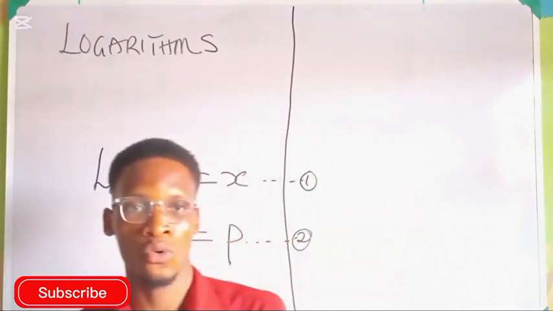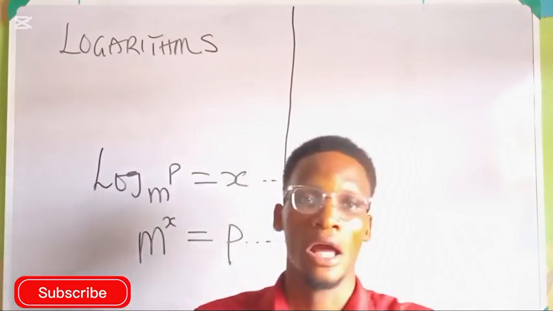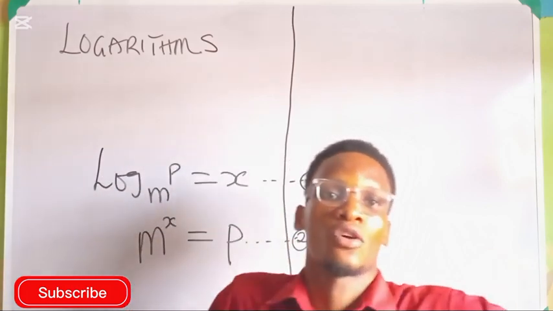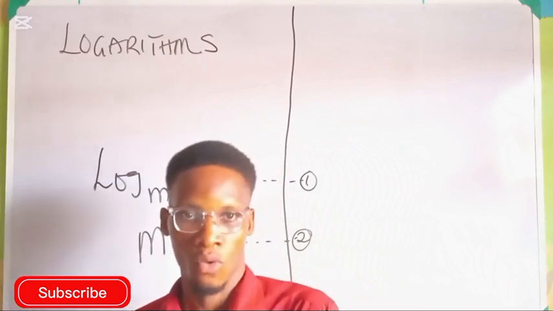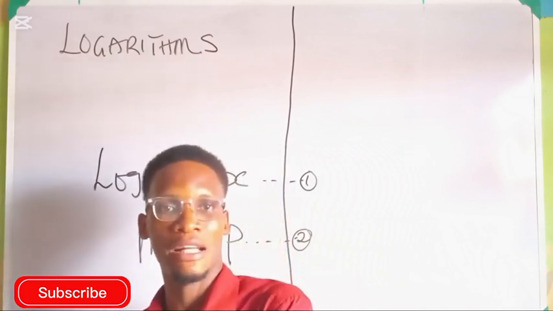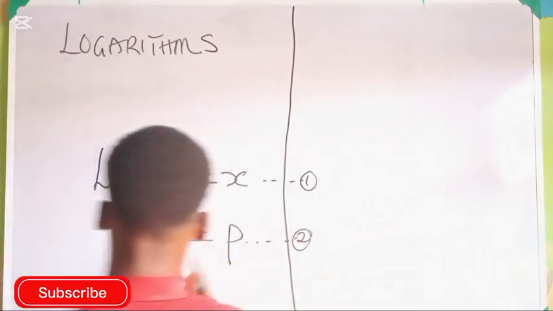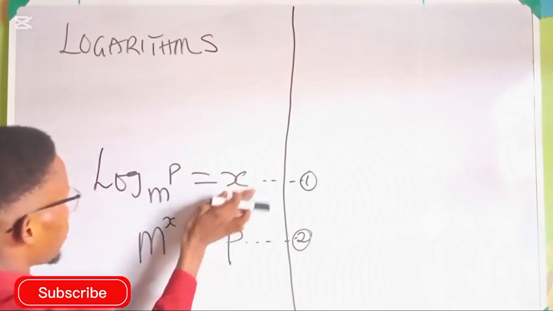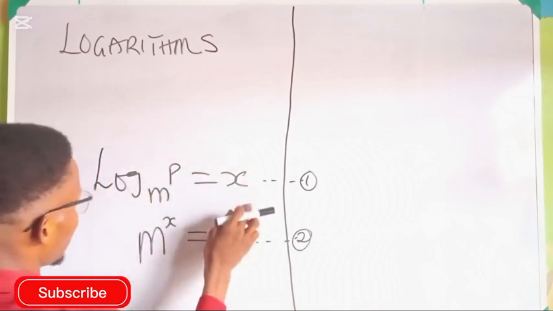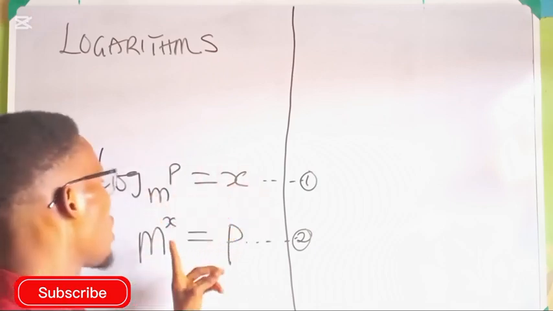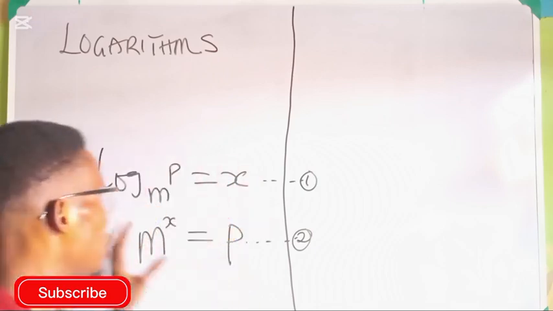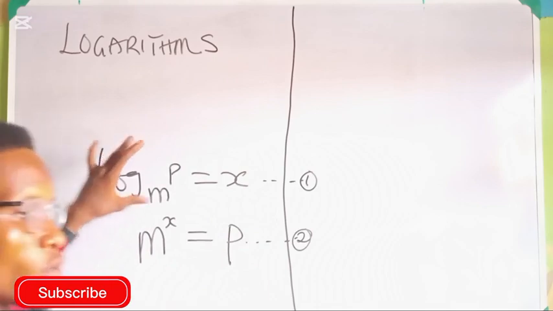You may be asked to change an equation that is already in its logarithmic form to index form, or you may be asked to change from index form to logarithmic form. So this is what you do. Whatever is on this side will come to this side, and this will go to this side. Then when you are transforming to index form, there is no need for you to write logarithm.